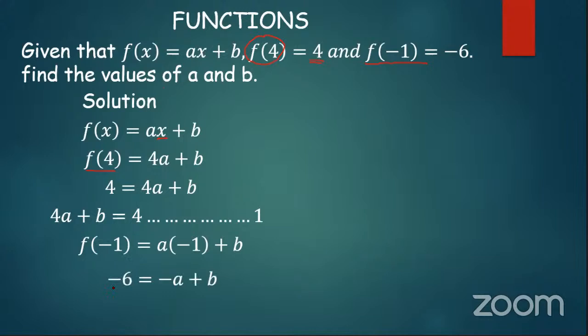So we say negative 6 is equal to negative a, because a times negative 1 will give us negative a plus b. So when I rewrite this, it becomes negative a plus b is equal to negative 6. So this becomes equation 2. So I'm going to solve these equations simultaneously to get the values of a and b.